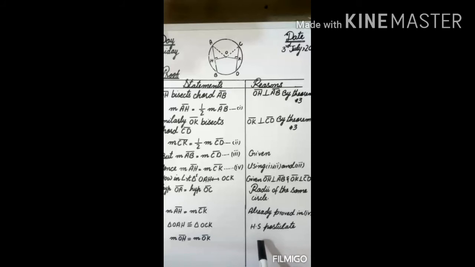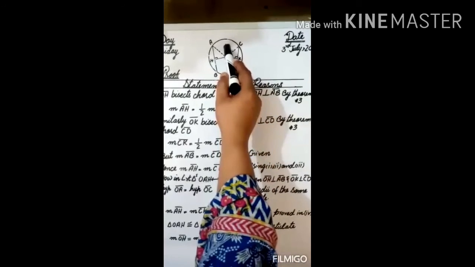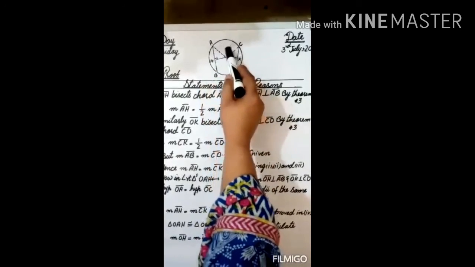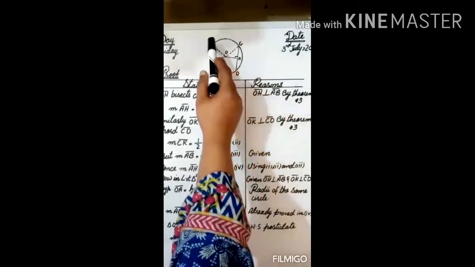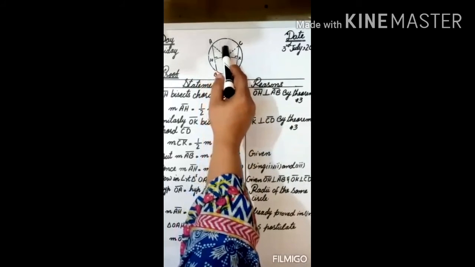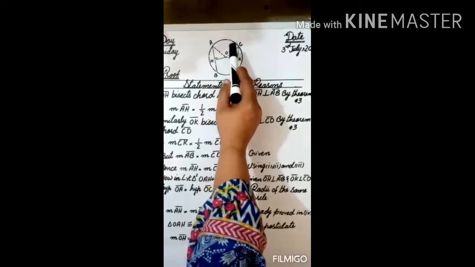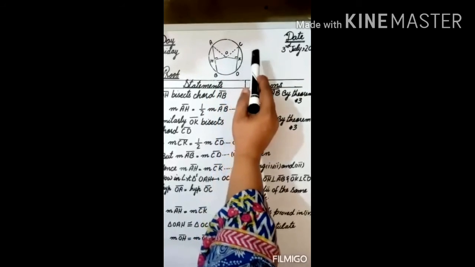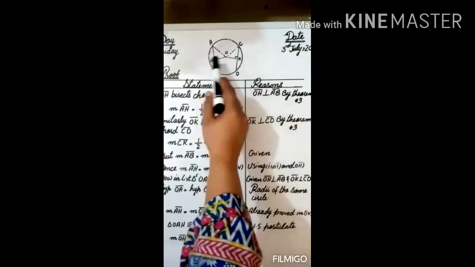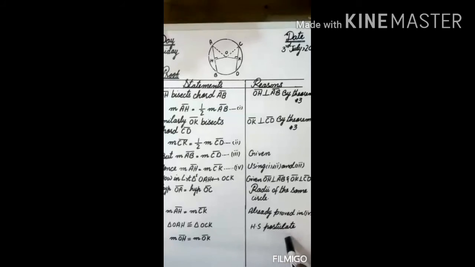How is this HS postulate applied in this diagram? Move on to the diagram. We have right angle triangles OAH and OCK. In these two right angle triangles, the hypotenuse OA and side AH are congruent to the hypotenuse OC and side CK, so we can say that these two right angle triangles are congruent by the HS postulate.